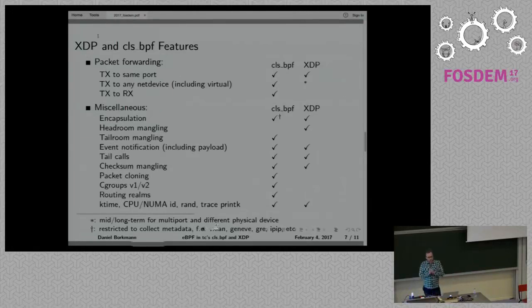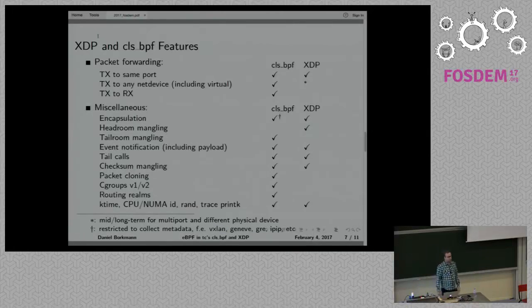Then there's also event notification, which is a really useful feature. You can have your own custom structs in the eBPF program, and then push that to a high-performance per-CPU memory-mapped ring buffer to user space. That can be some specific metadata or data and the packet data itself, up to the full packet.